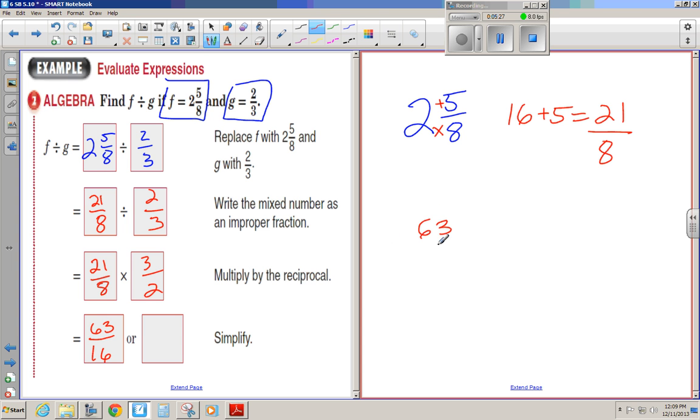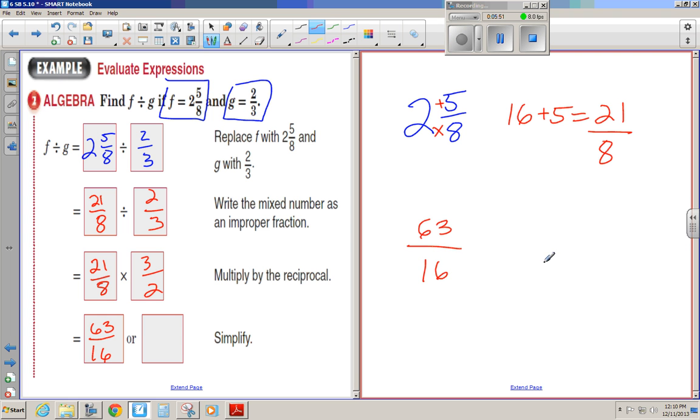Let's look at these numbers here. Do they have anything in common? 63, 16, can it be reduced? Factors of 63: 9 and 7, 21 and 3. Factors of 16: 8 and 2, 4 and 4. Nothing can be reduced here.